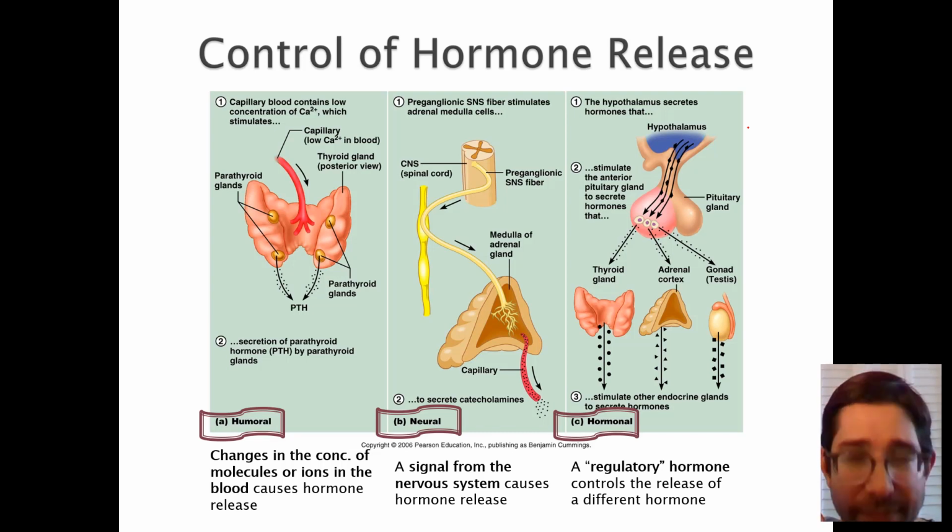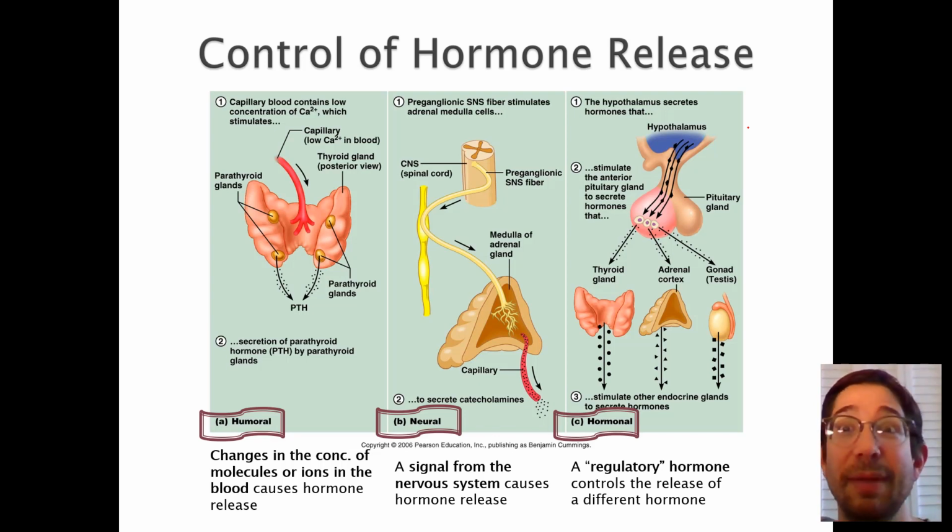So that's neural control. The last way that you can control when hormones are released is through hormonal control of hormone release. Hormonal control means that you have some regulatory hormone, and that hormone will cause the release of a different hormone. As we'll discuss soon, the pituitary gland used to be called the master gland, and we'll talk about why later.